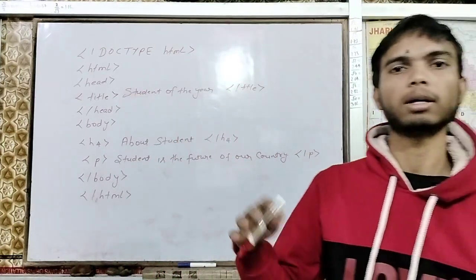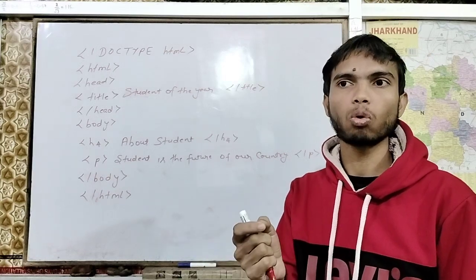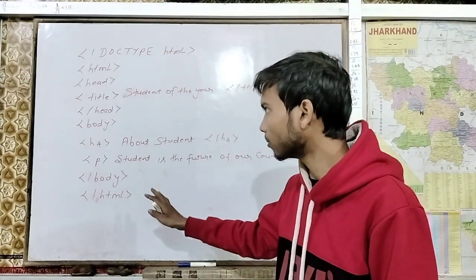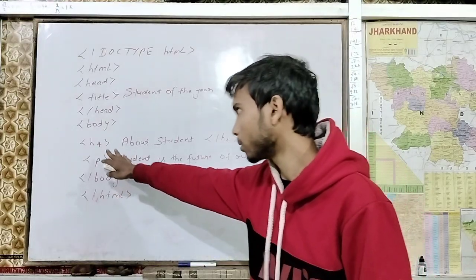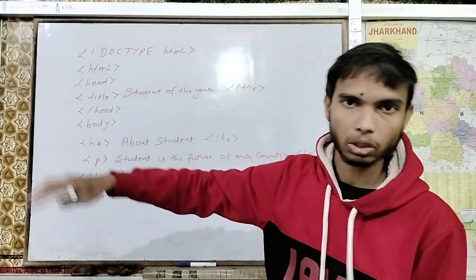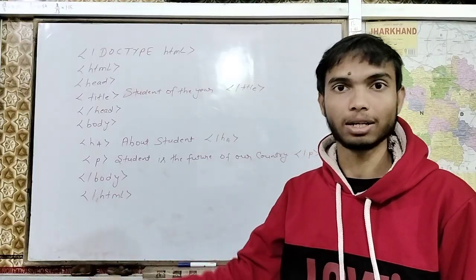Apart from this tag, there are more. Do you know about attributes? Attributes are used for additional information. If you want to give more information about your tag, then inside your tag you can give a lot of information, which is known as additional information.